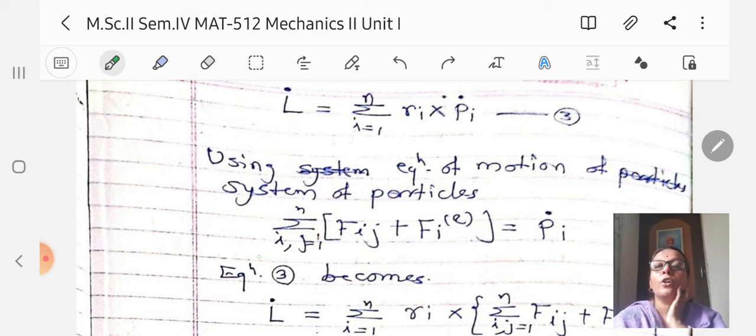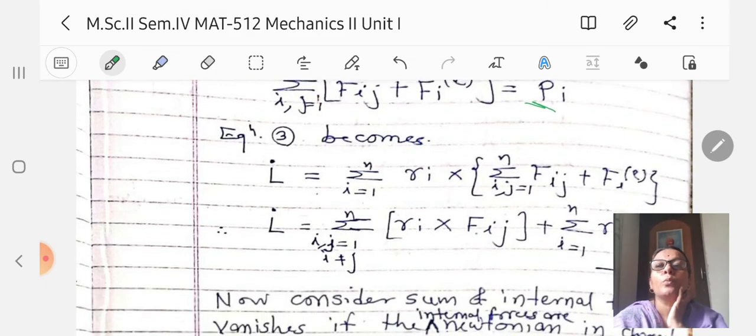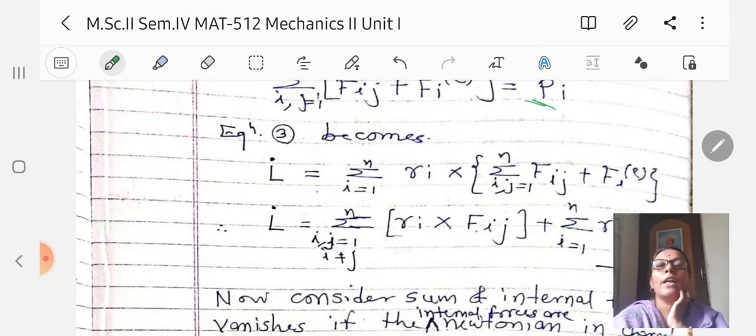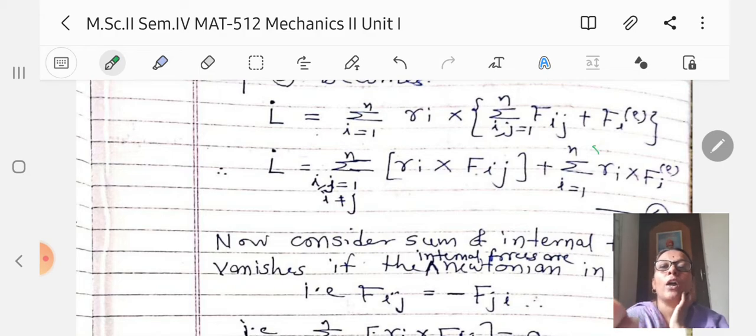Therefore, using the value of p i dot, the above equation third becomes L dot equal to summation i from 1 to n of r i cross the left hand side of this equation, that is summation over i, j of F ij plus F i e. Taking the cross product with r i, we can write L dot equal to summation over i, j from 1 to n, where i is not equal to j, r i cross F ij, plus again r i cross the external force, that is summation i from 1 to n of r i cross F i e.